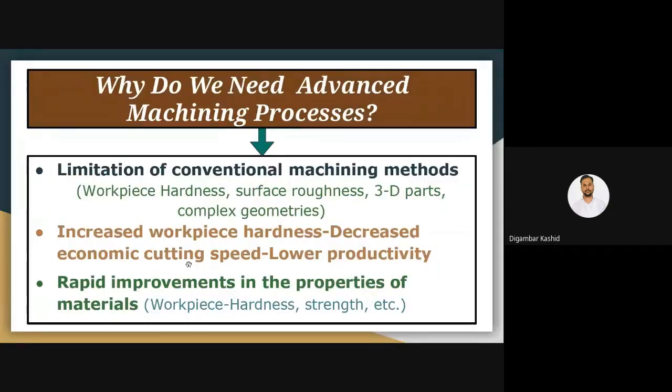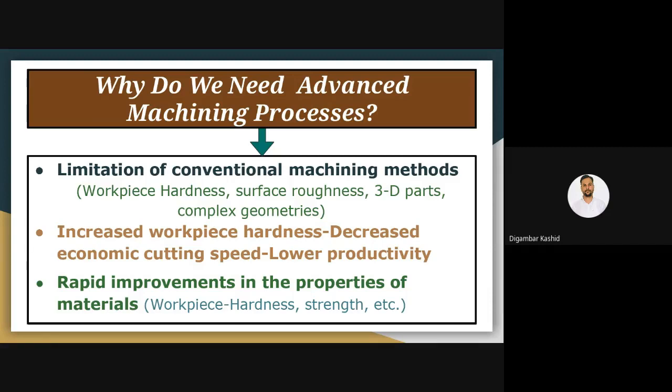Now, there are various limitations with our conventional or traditional machining processes. For example, workpiece hardness. As we know, workpiece hardness should always be lower than your tool hardness. Correct. And in present day industries, in many cases, they need a very high level of surface finish.